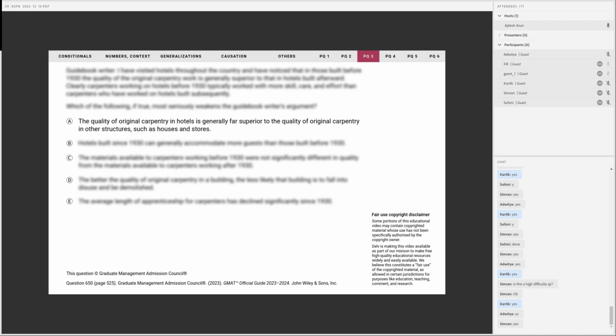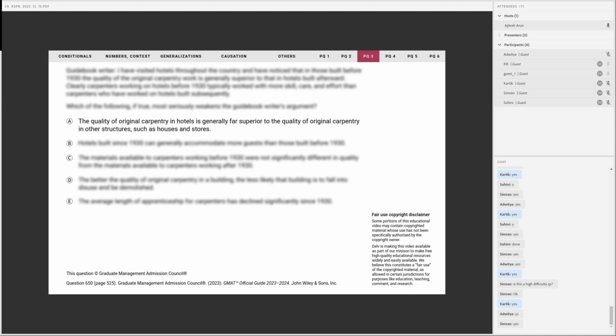Like other structures. But that's not changing. It's not as if before 1930 you had something else, now you have something else. It's just a constant. And when you have a constant, it's very hard to see how that is going to help explain some sort of difference in skill, care, and effort. So, okay, option A is out.